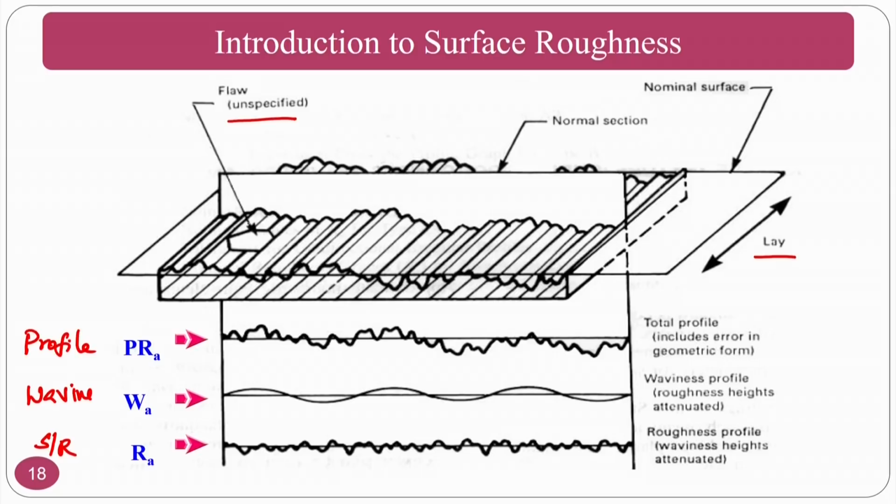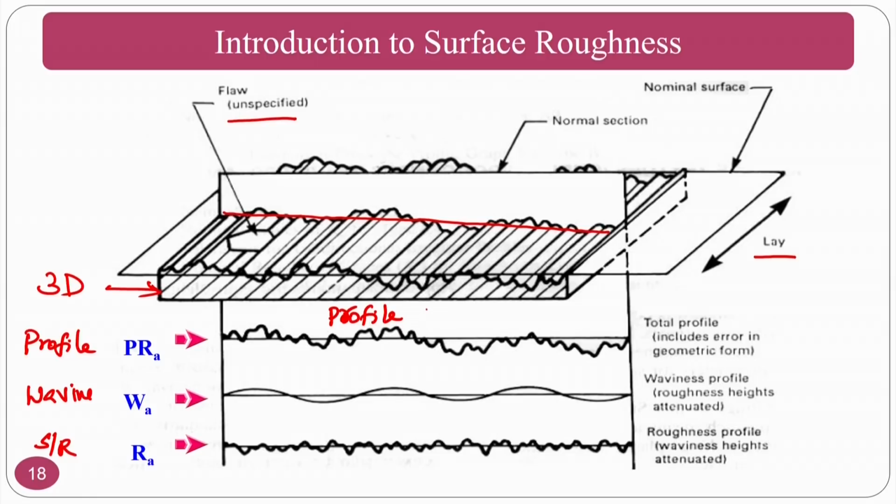If I want to measure the surface in 2 dimensions, this is a 3-dimensional surface, and I put a line across it and measure the surface roughness. Whatever the original profile that I get here is called profile roughness.